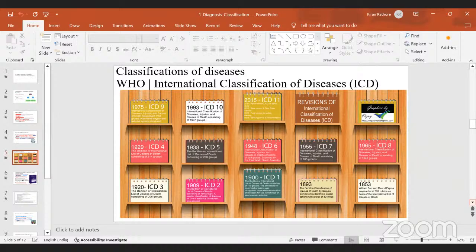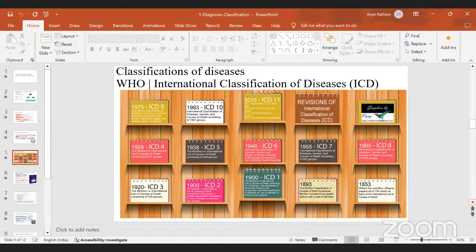This classificatory system is designed to map health conditions to their corresponding categories together with specific variations. These categories are assigned a code up to 6 characters long. So for example, ICD 10, and now that we are into ICD 11.